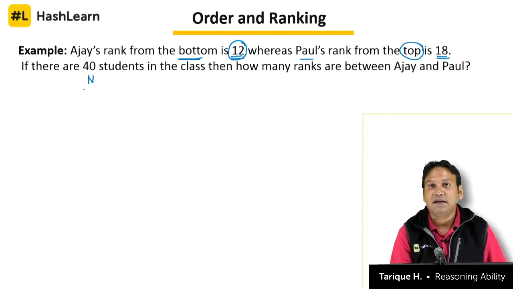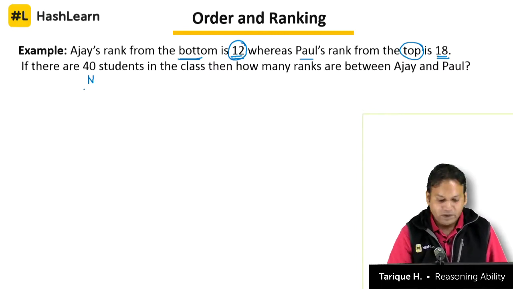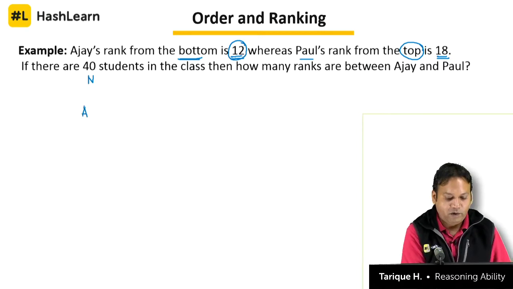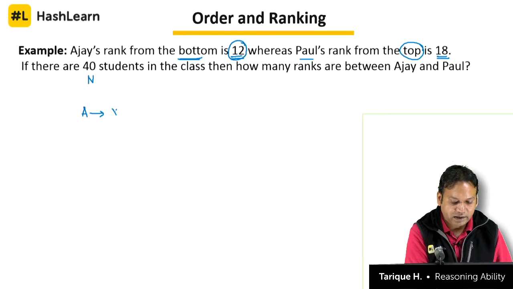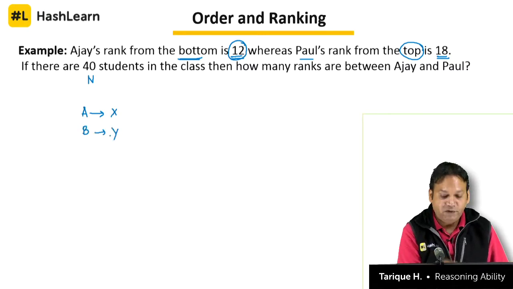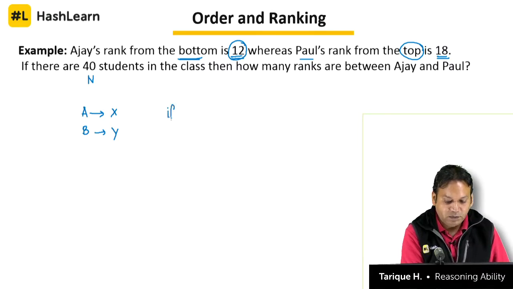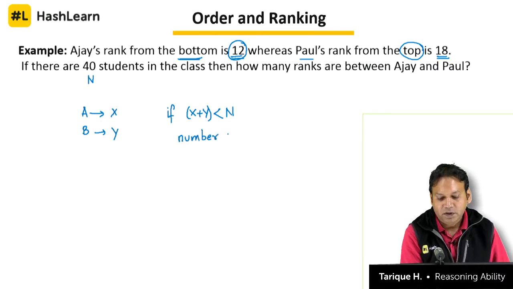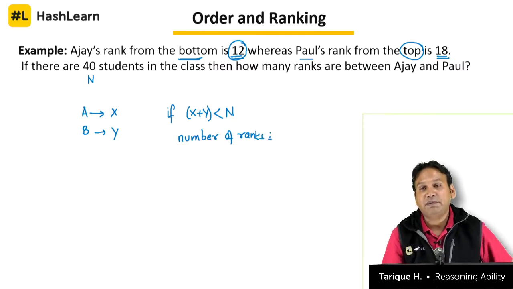We had discussed earlier that when the rank from top of a person A is X and the rank from bottom of another person B is Y, we had seen the formula. If X plus Y is less than the number of students in the class, then what is the direct formula for the number of ranks between them?